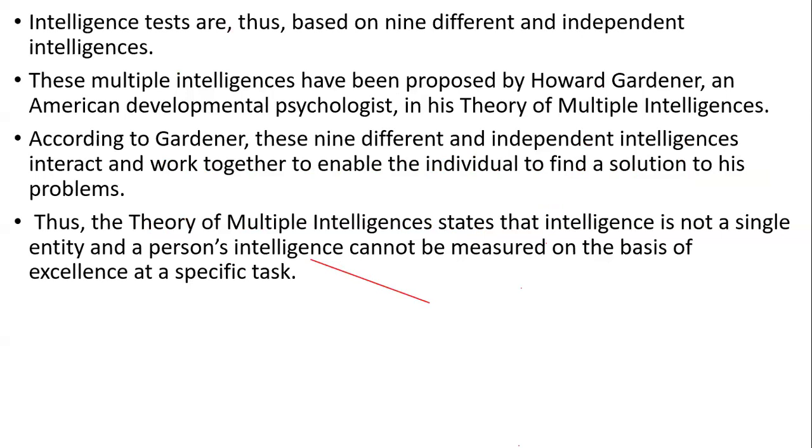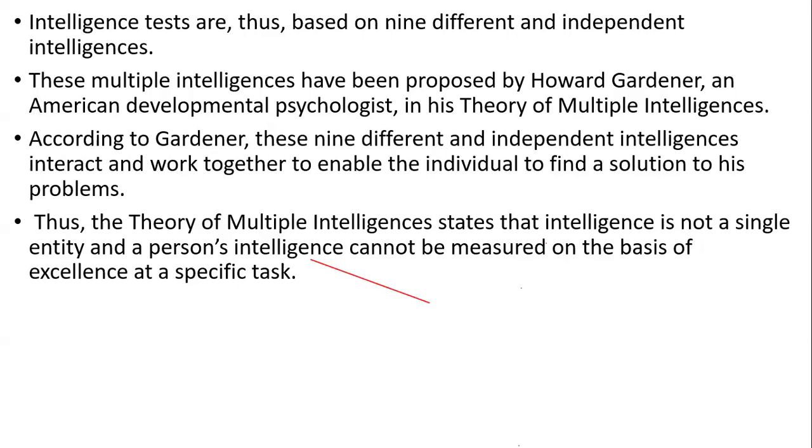So intelligence tests are thus based on 9 different and independent intelligences. There are 9 intelligences. Have you heard about them? Mathematical intelligence, spatial intelligence. I'll show you a video of that. Right. Then, if you have heard about Howard Gardner's multiple intelligences.